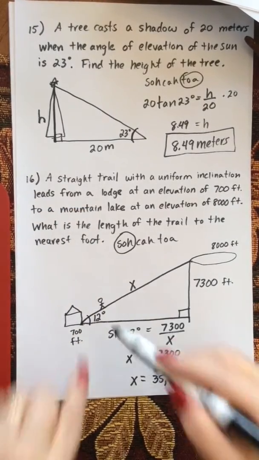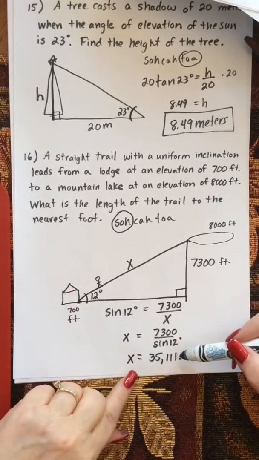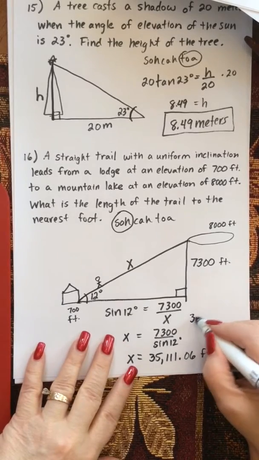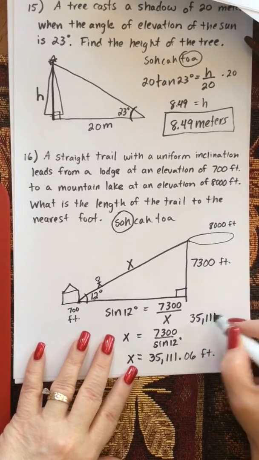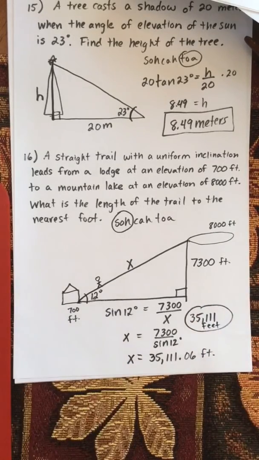So you're going to have to take a pretty good hike to get there. It says to the nearest foot, so I guess I would say it's 35,111 feet. That would be our answer. Thanks.